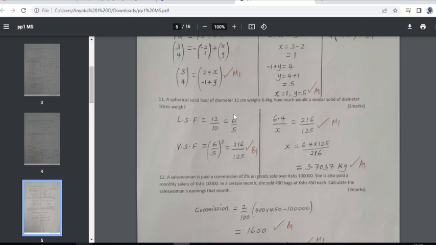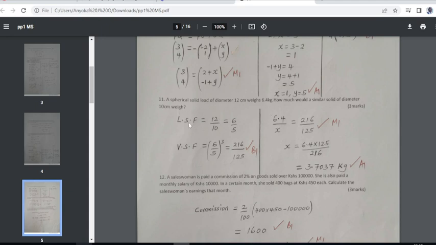This is a sphere compared with another sphere. So there must be similarity because the shapes are the same. What will differ is the radius. So we want the linear scale factor.